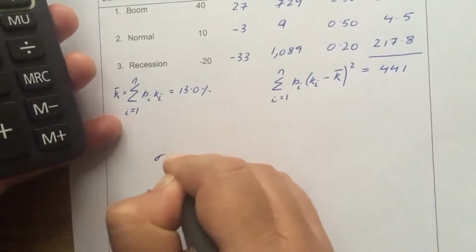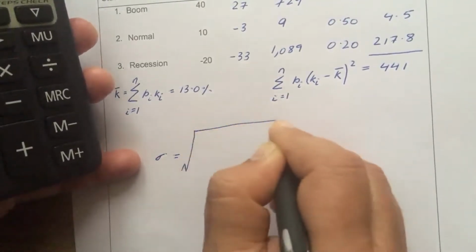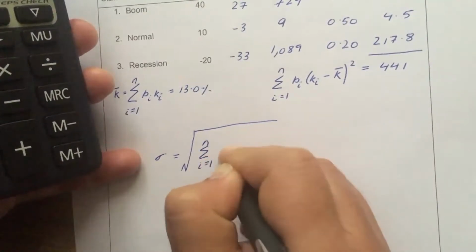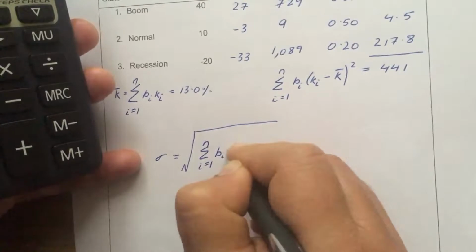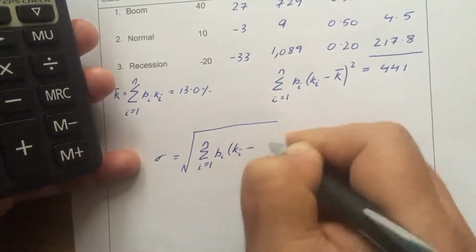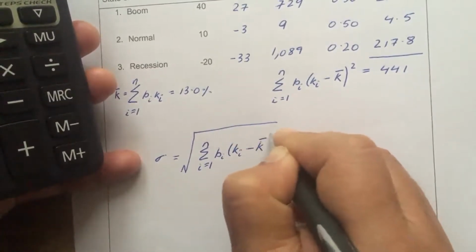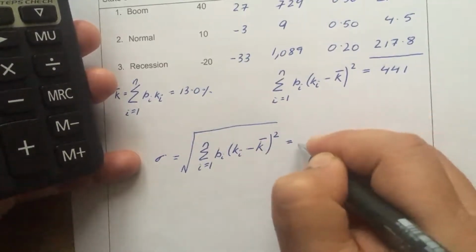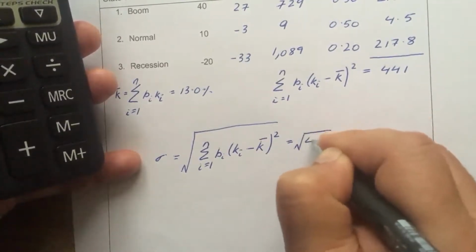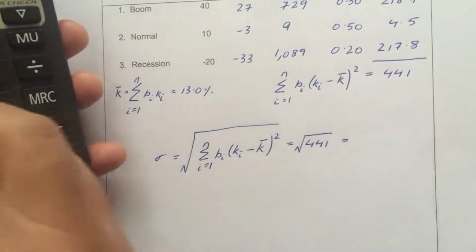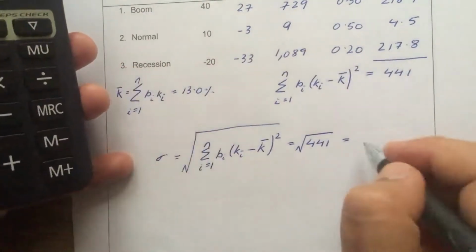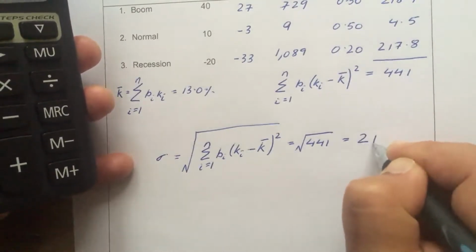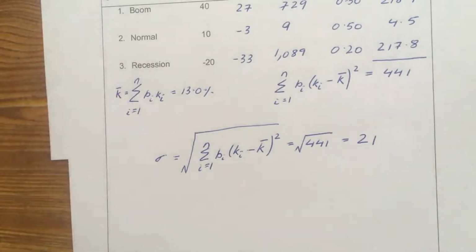Sigma is equal to the square root of summation, and the standard deviation is 21.